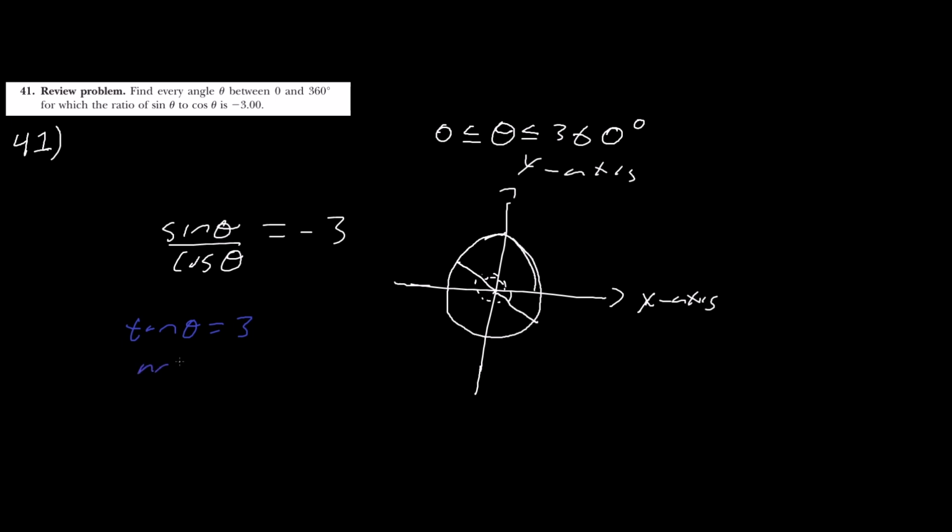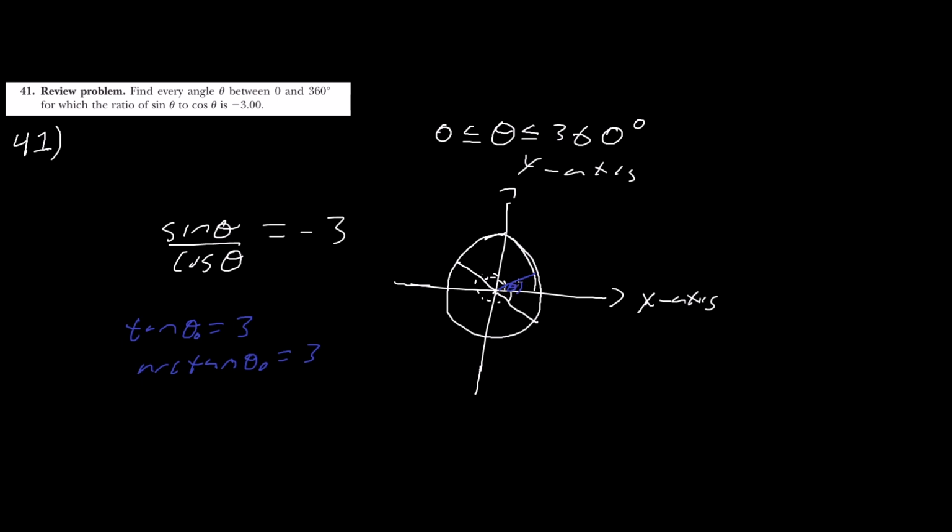So let's find the arc tangent, and let's put theta naught. Tangent of theta naught to be the value of 3, or you can put -3. Either way works. Notice that the main restriction for the tangent of theta naught is going to be this angle right here.